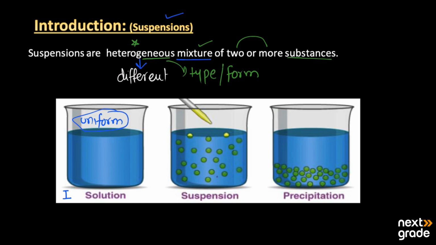On the other hand, in the second one, we can see small particles that are green in color. These are suspended in the liquid. When solid particles are suspended and we can see them by the naked eye because they are large enough, that type of mixture is called a suspension.